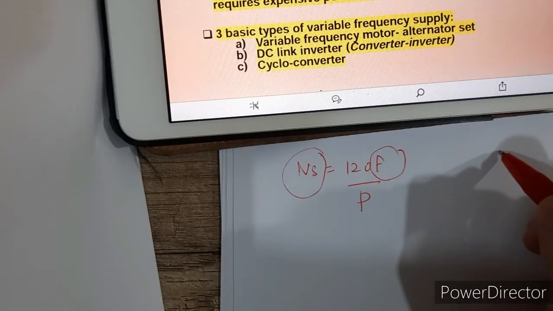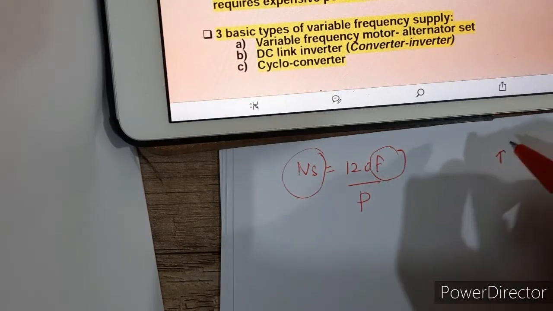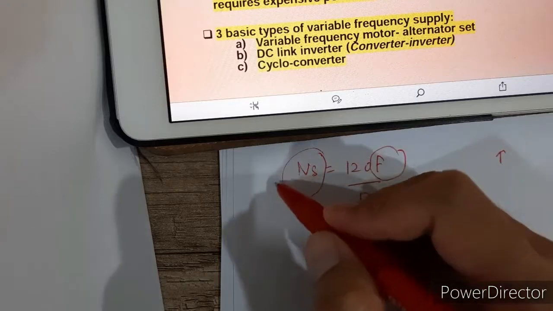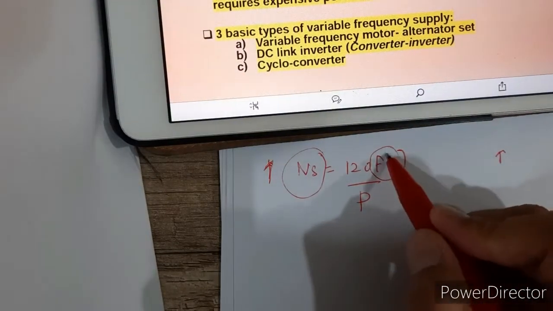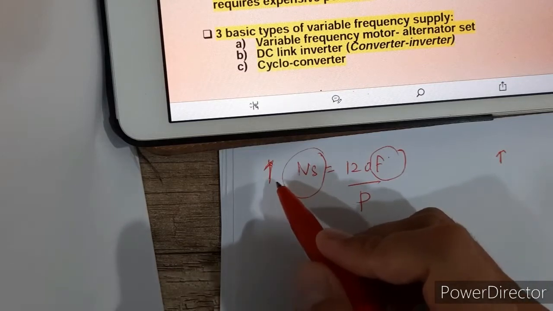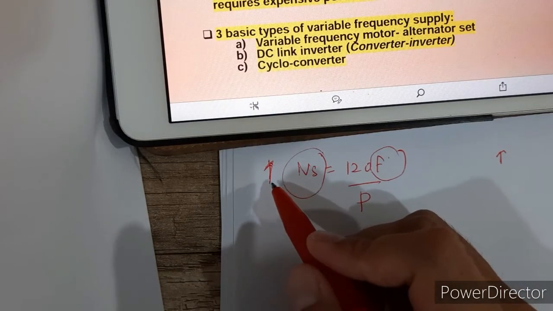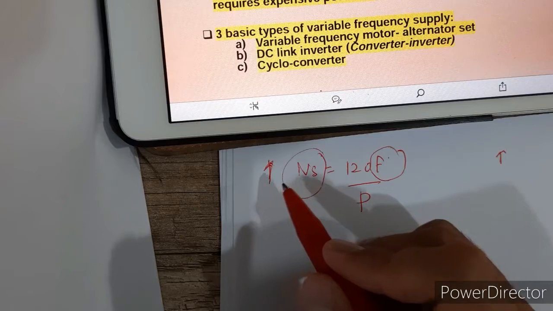When the frequency is larger, Ns will increase.